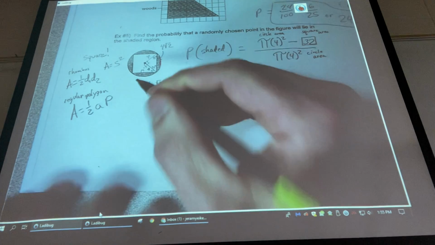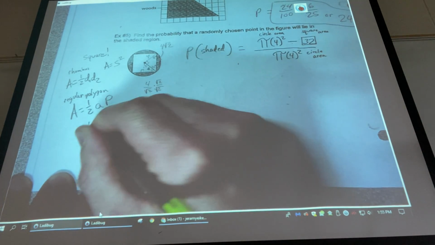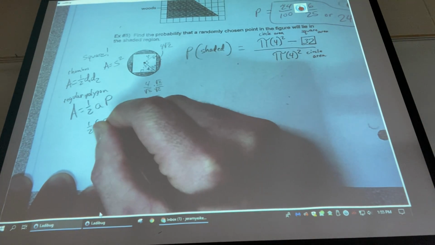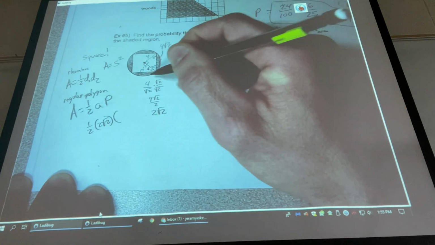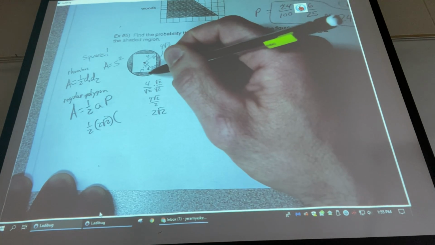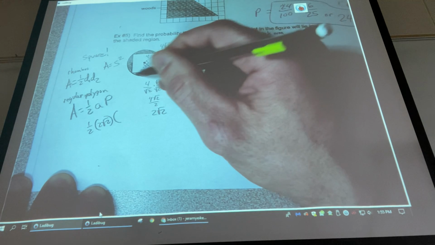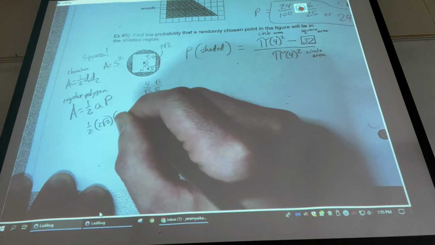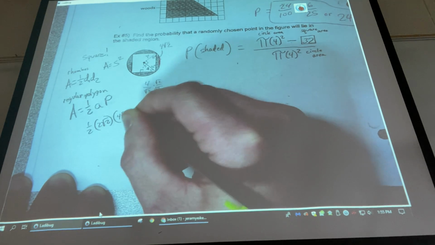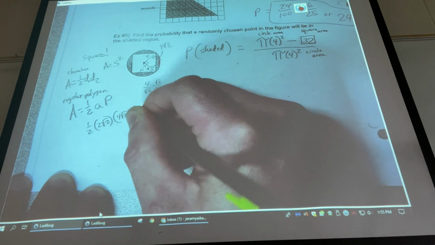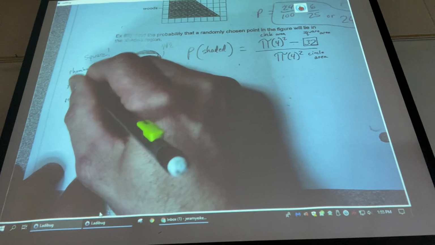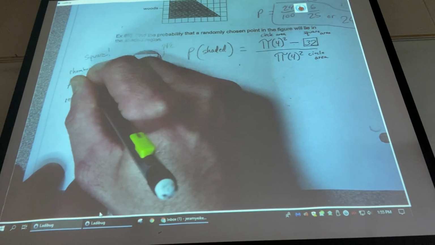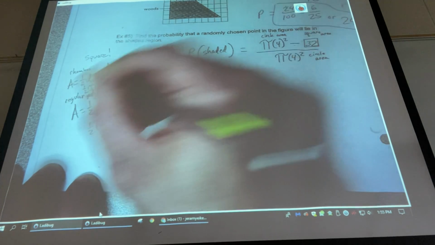That is your apothem. And also, if it's half of your side length, so double it, you get 4 square root 2. And then how many sides do you have? There's 4 sides. So there's 3 ways to do this.